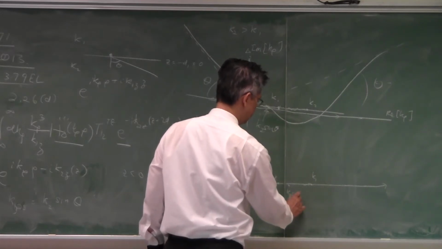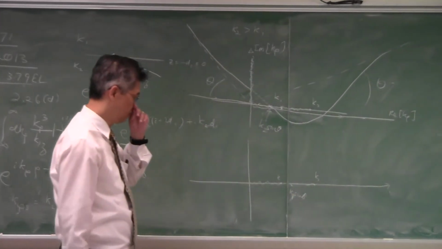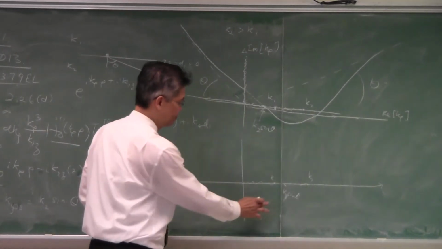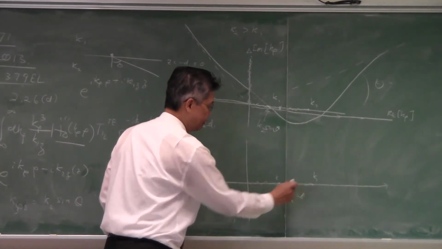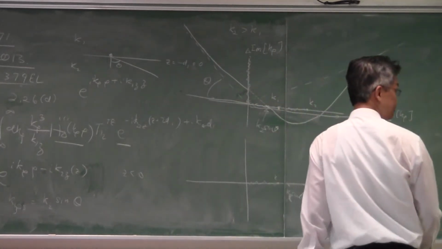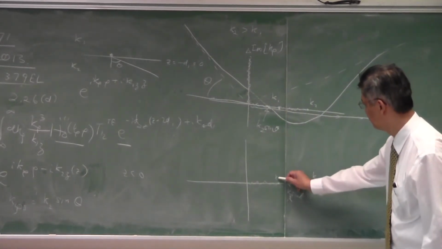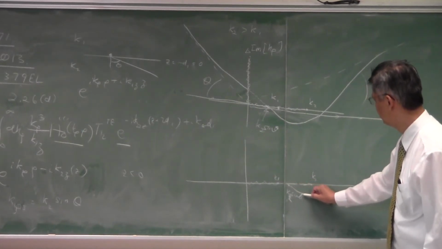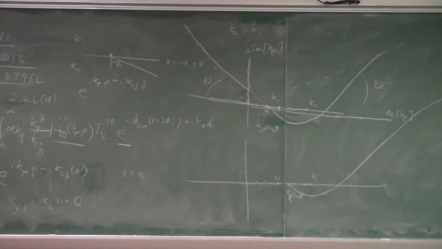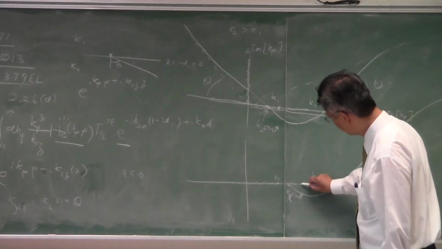The saddle point is given by k_2 sine theta, so it can be anywhere between 0 and k_2. And you can go through the steepest descent path. The steepest descent path does not depend on the k_1z branch cut. So it should look something like this. But over here, there's a branch cut that goes something like that.